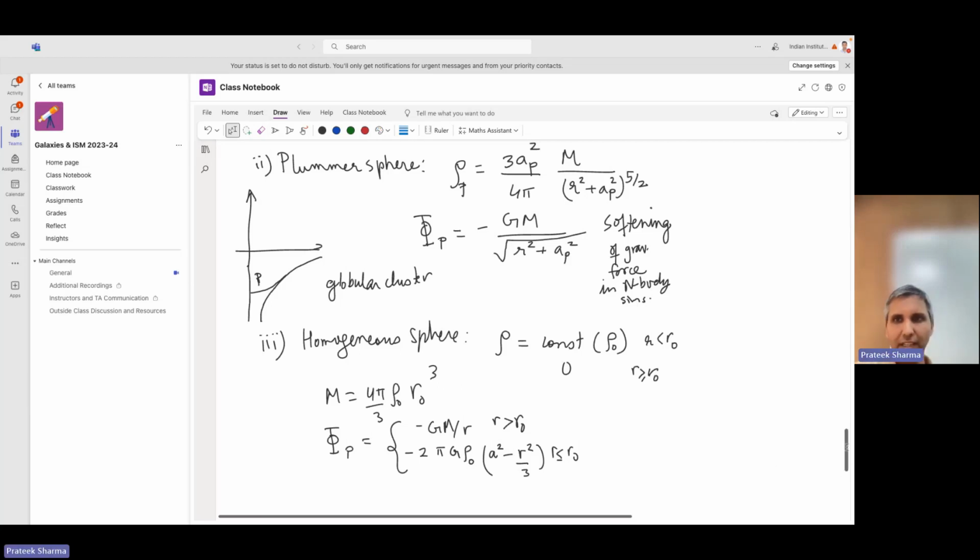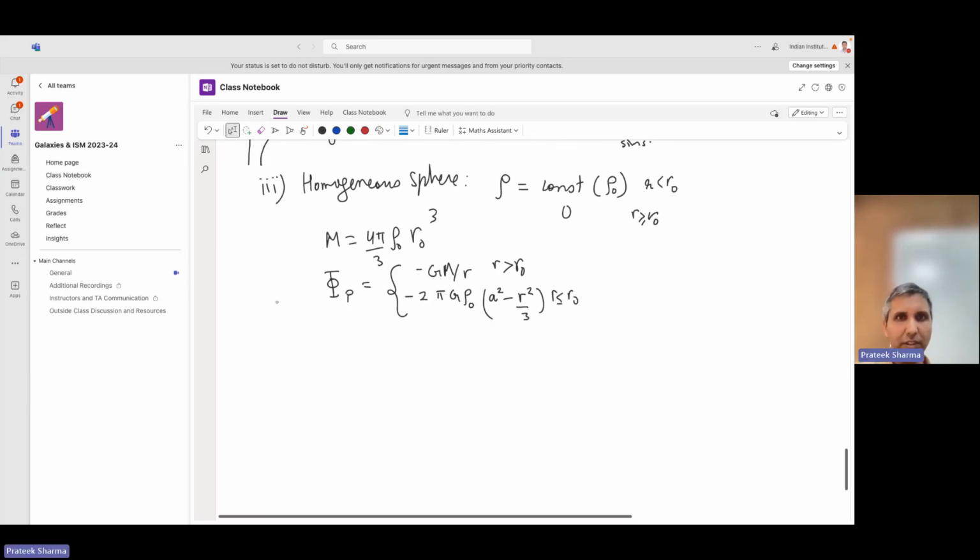What about gravitational acceleration for a homogeneous sphere? So g equals minus grad phi. That in this case would be nothing but minus G M enclosed r by r squared. Right? This formula is always valid.